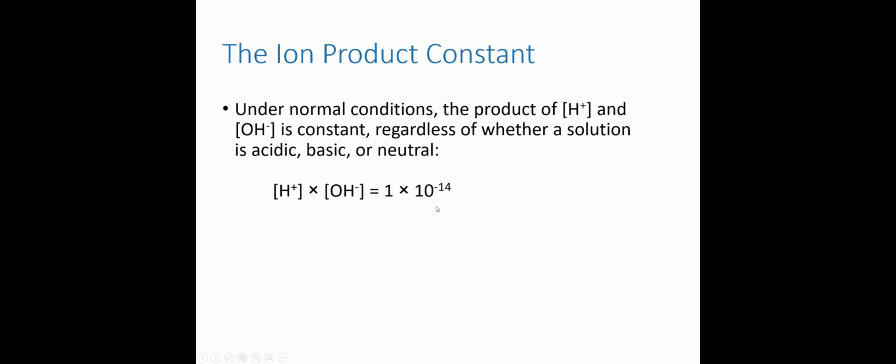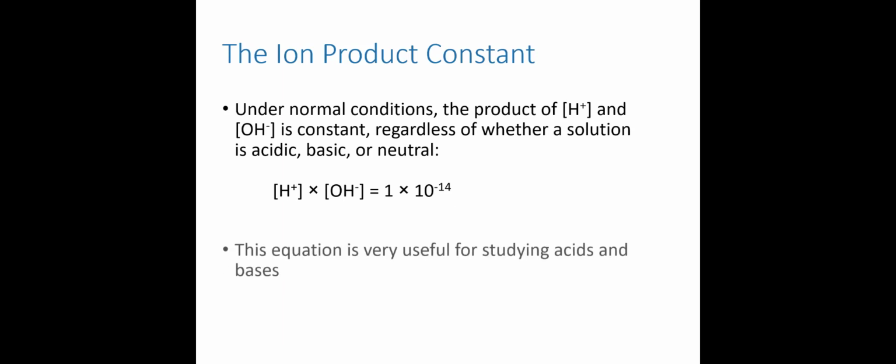So what does this mean then? It turns out these two values are inversely proportional. So if the proton concentration gets larger, the hydroxide concentration would have to get smaller in order to always stay at 1 times 10 to the minus 14.